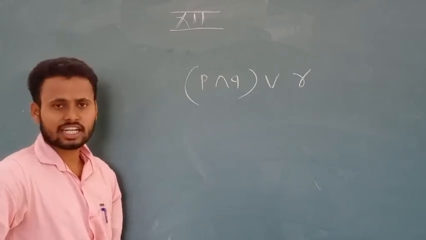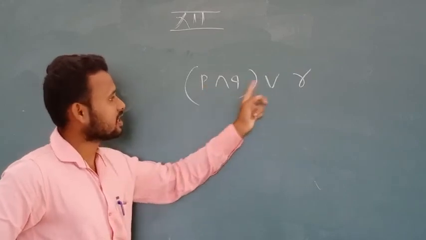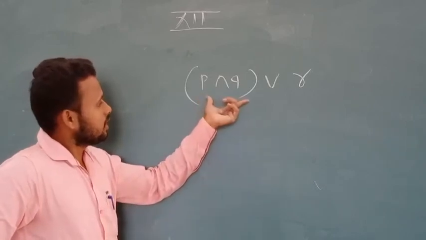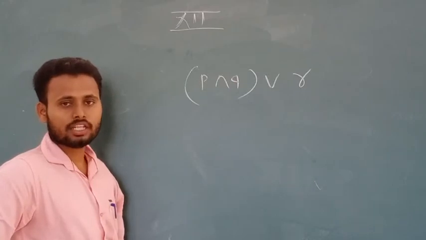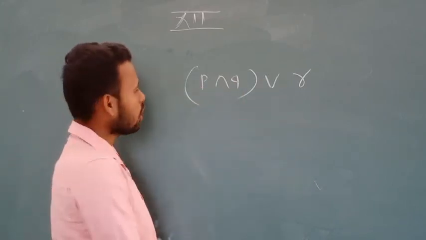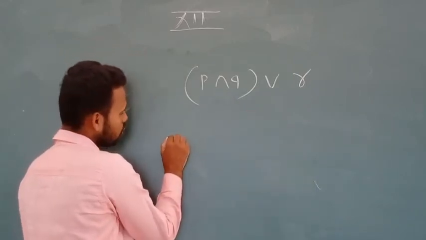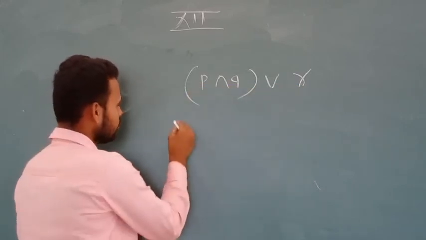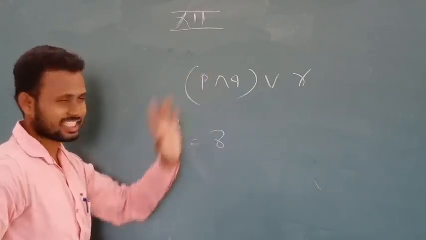There are 3 statements: P, Q, R. Then by that note, when we draw its truth table, how many rows will come? There are 3 component statements, therefore 2 raised to 3, which is equal to 8 rows. 8 rows will come in this statement pattern.